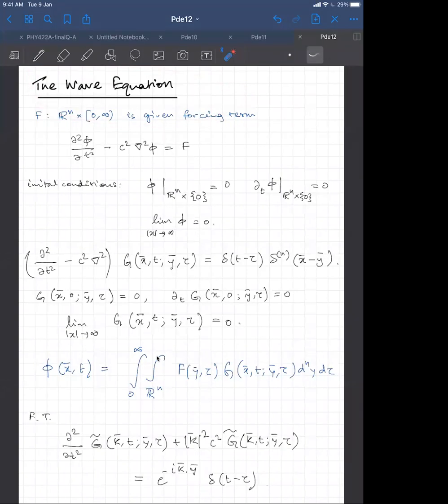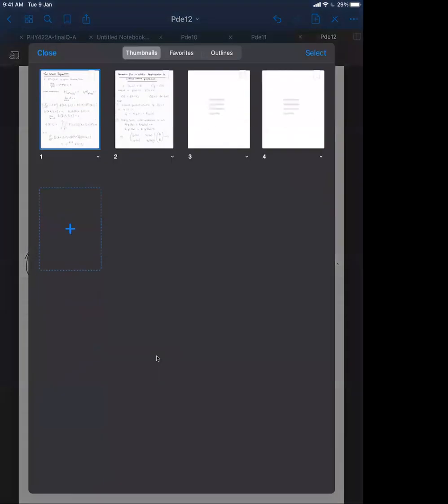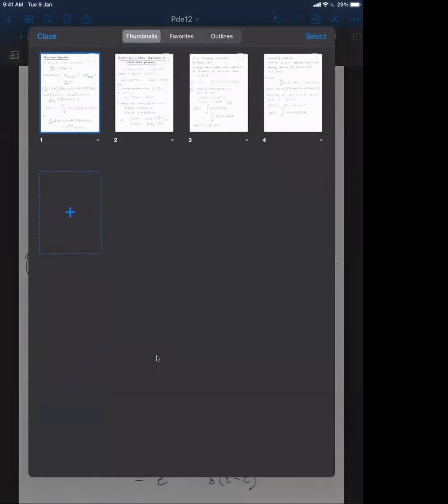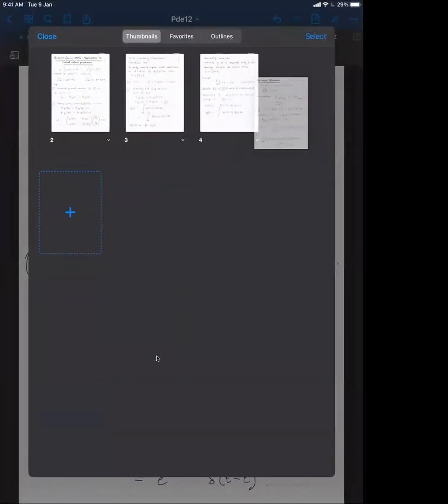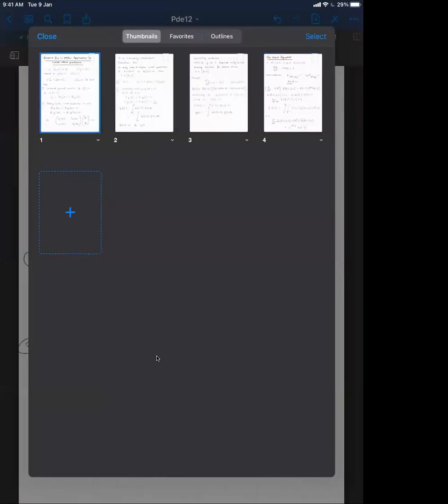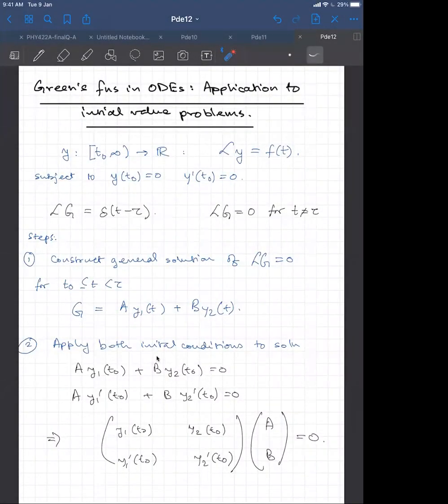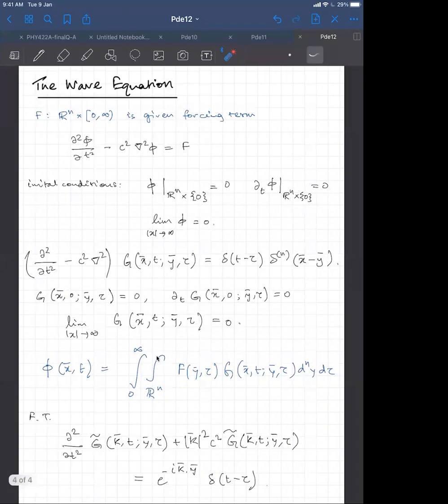Let's flip things around a little bit and move this here. So now let's look at the wave equation.